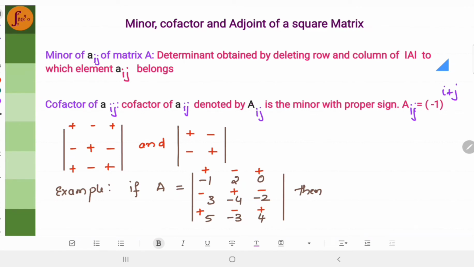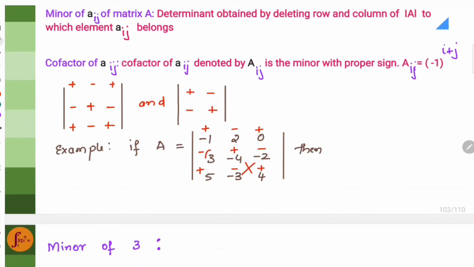Similar to determinant, right? Suppose let's take this as an example. In this example, we want to find the minor of this element. So minor of 3 is nothing but ignore the row and column in which 3 is present. So ignore this row and this column. What are the elements we have? We have 2, 0, minus 3 and 4.